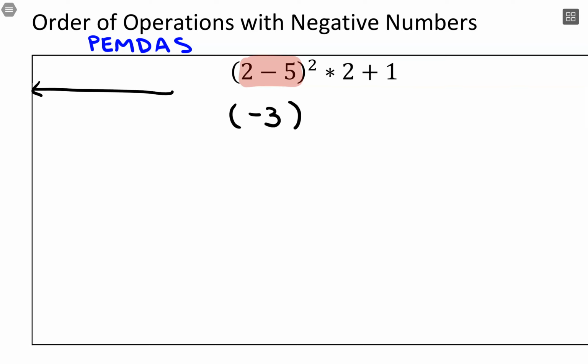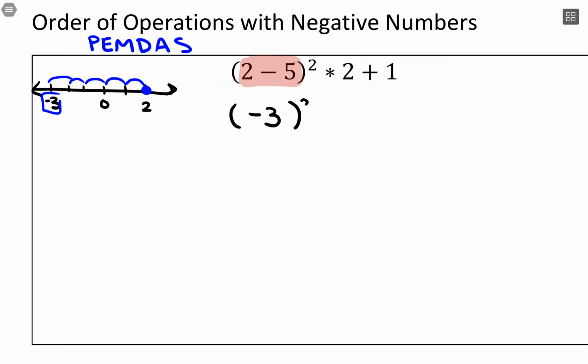Again, if it helps to think in terms of a number line, let's see. I'm going to go put 2 over here. 1, 0, 1, 2, 3. It's like we're starting at number 2, and then taking away 5 means we move to the left 5 spots, which would take us to that -3.